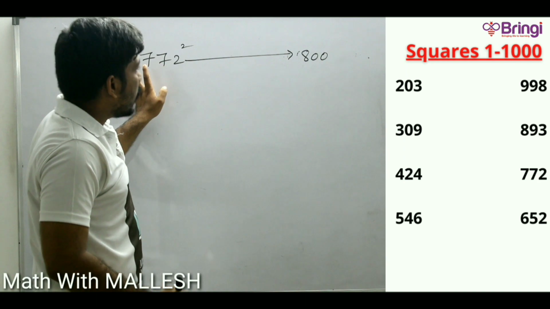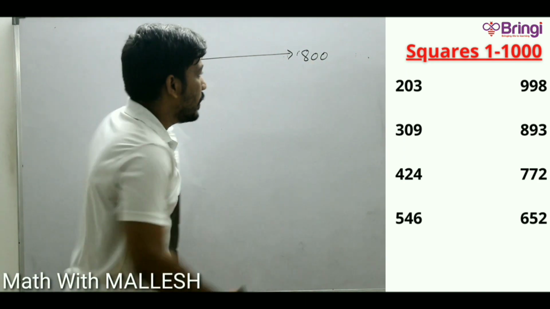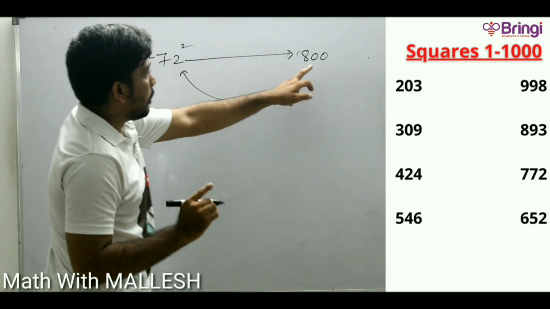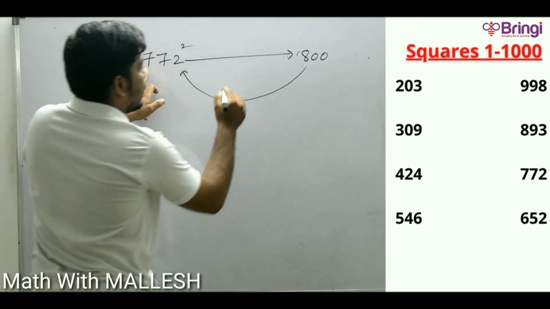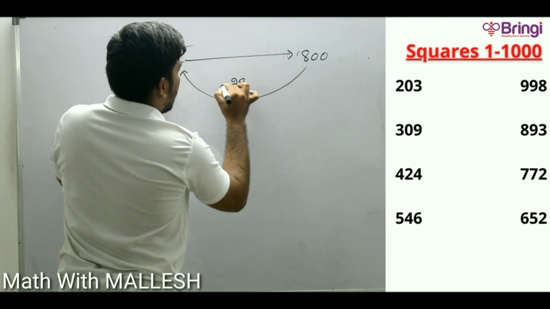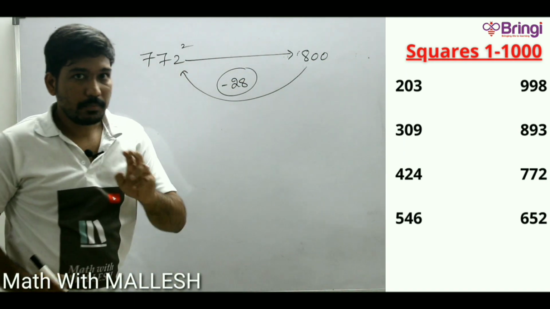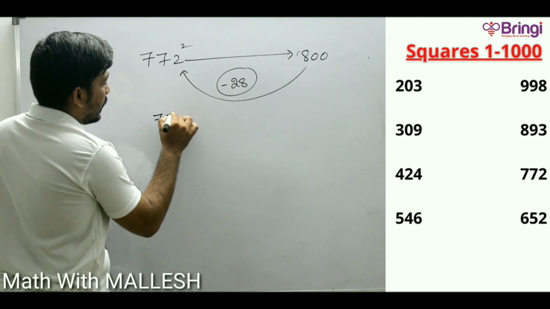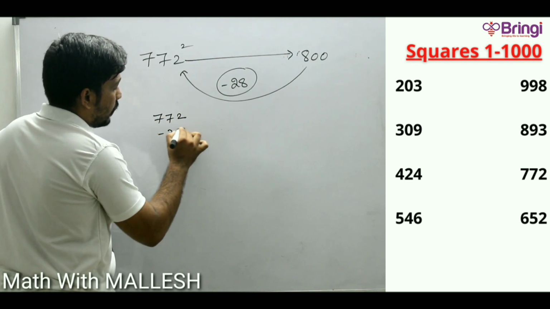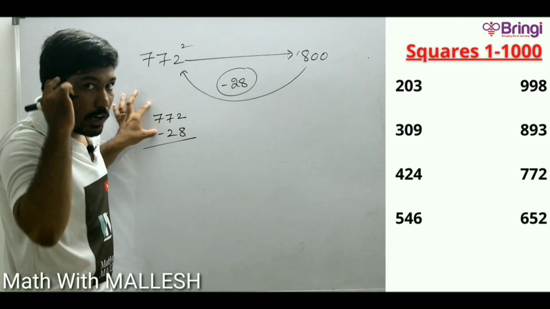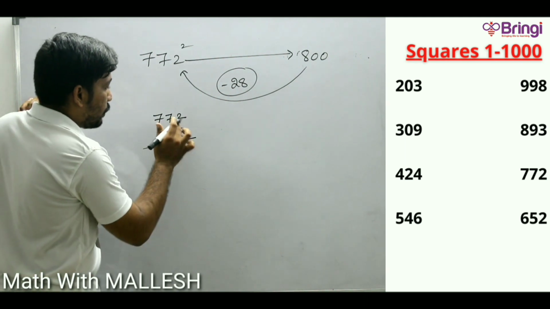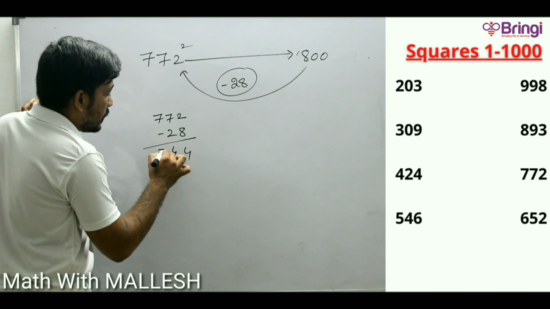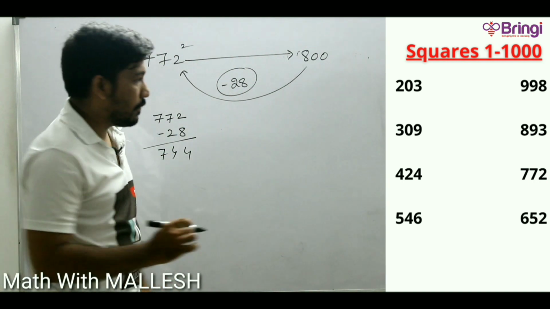772. So I am taking base as 800. From the 800, how much less is it? I think 28. Negative 28. So first step, from 772, subtract 28. And this thing you have to do in your mind. 12 minus 8, 4, and 6 minus 2, 4, 7. 744.